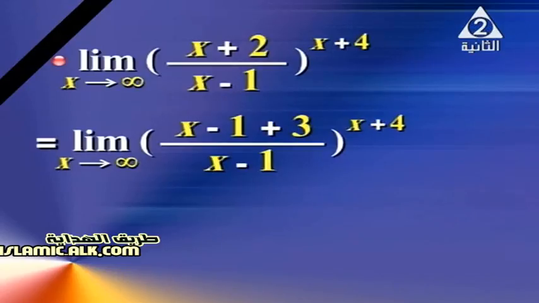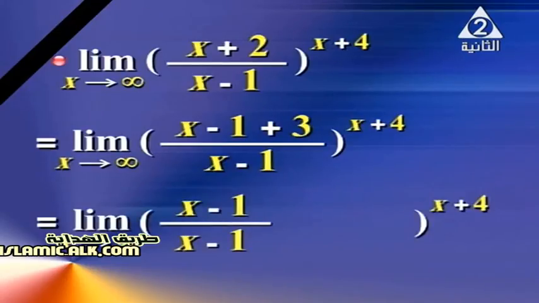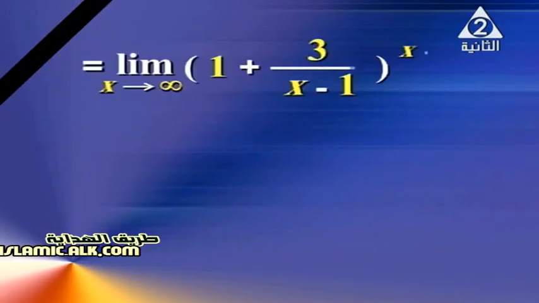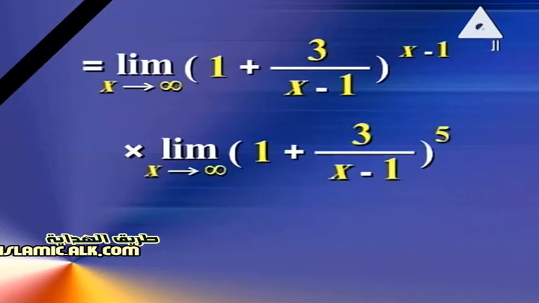So we write the fraction as (x - 1 + 3)/(x - 1) and distribute it: (x - 1)/(x - 1) + 3/(x - 1). Then the answer is the limit of (1 + 3/(x - 1))^(x - 1) times the limit of (1 + 3/(x - 1))^5.